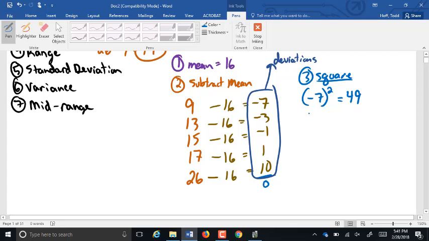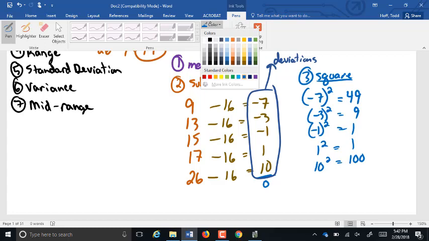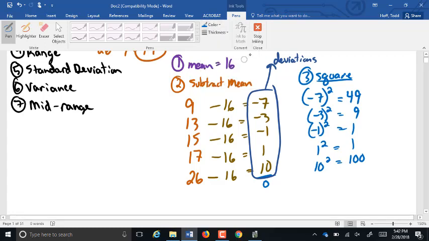Anything squared should always be positive. Negative 3 squared, 9. Negative 1 squared, 1. Positive 1 squared, 1. And 10 squared, 100. Those are the squared deviations. Makes sense because we just took the deviations and squared them.